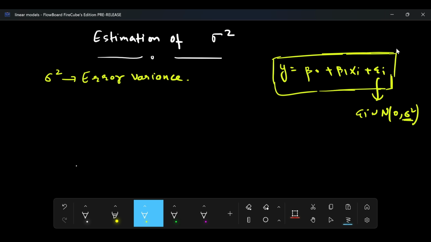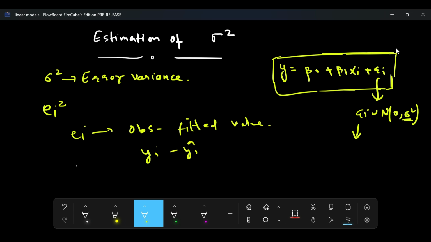Residual ei is yi minus yi hat, and ei square is the residual square. And sigma square is the variance of epsilon. Clear? Now see.